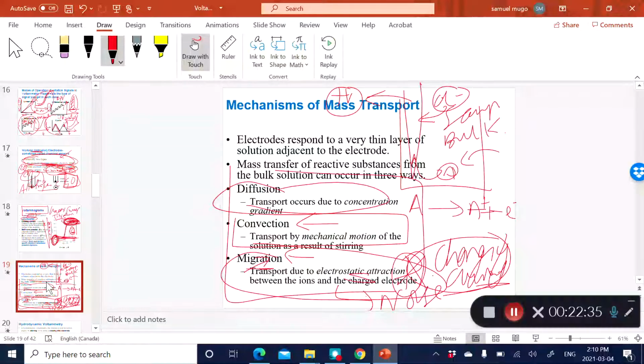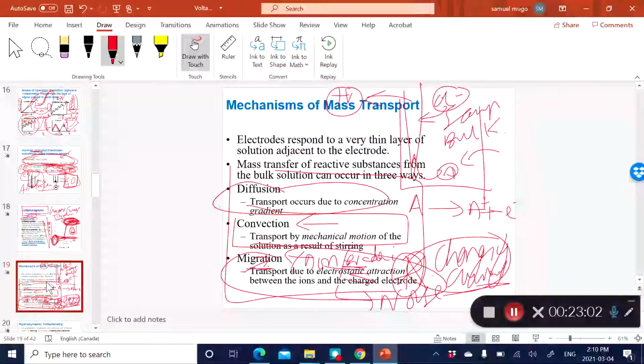And I'm going to explain why it's actually the basis of why people decided to change to different types of modes, so that you can get rid of this migration effect, or the charging current. Some people call this non-Faradaic current, because it's not related to any redox process.